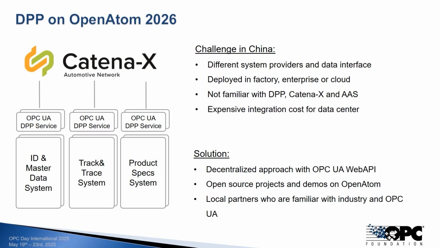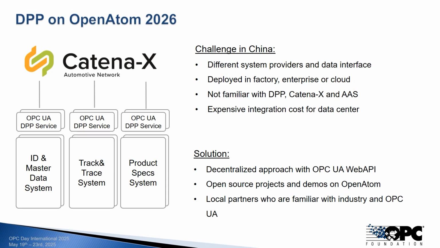But thanks to the decentralized approach of OPC UA Web API, this service can be integrated into each of those systems by providing standardized data and interface to the central platform, such as Catena-X.